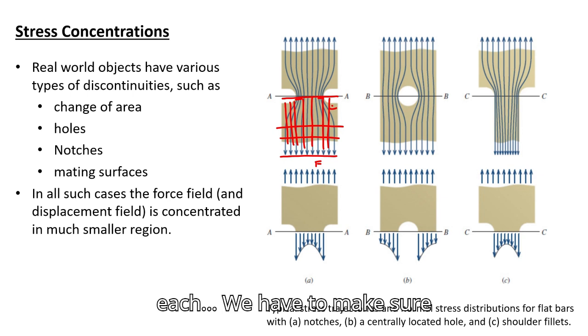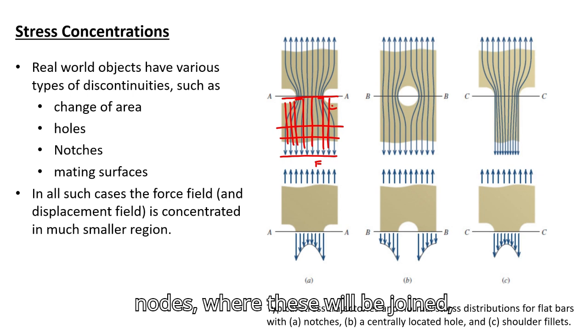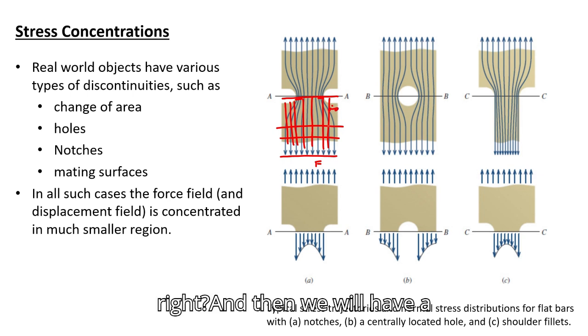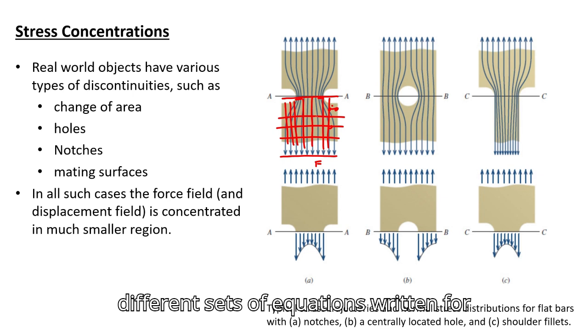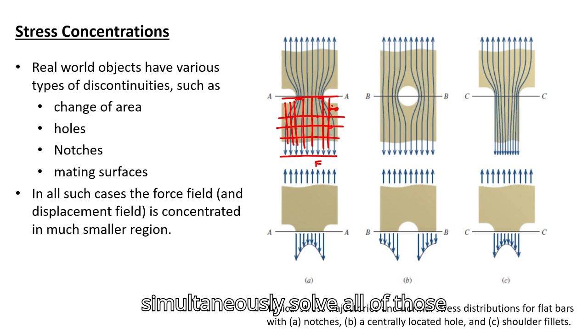Because we have to make sure that the continuity of the system is observed through connection on these nodes where these will be joined, right? And then we will have different sets of equations written for each point. And then we will have to simultaneously solve all of those equations to finally get the solution.